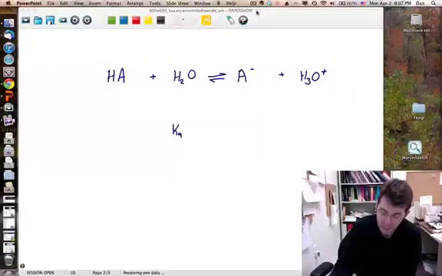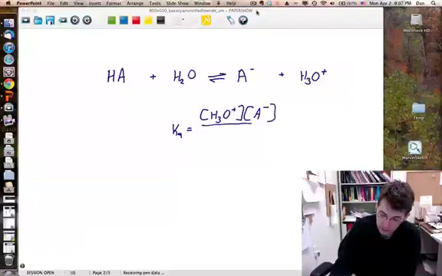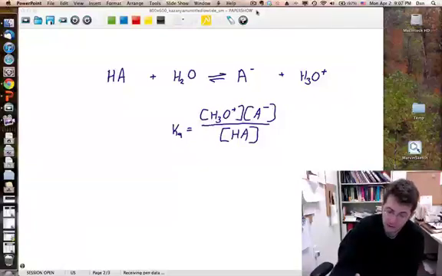If we have a weak acid, we can express the equilibrium with our typical weak acid statement, where this is the undissociated acid form, and this would represent the conjugate base.